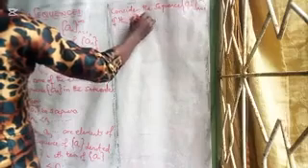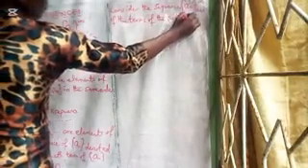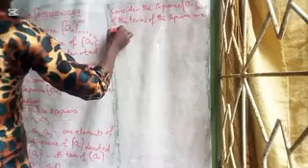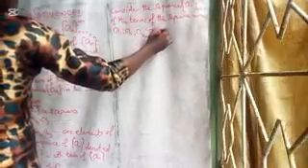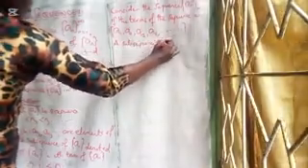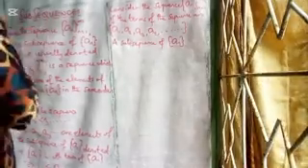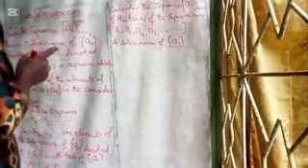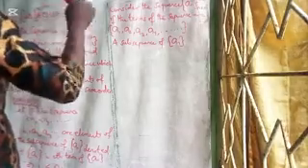If the terms of the sequence are a1, a2, a3, a4, and it continues like that, a subsequence of a sub n, remember we said that it contains some of the terms in a sub n in the same order.